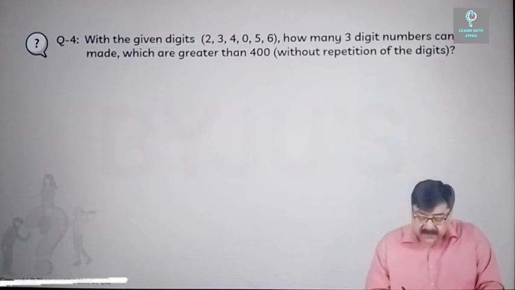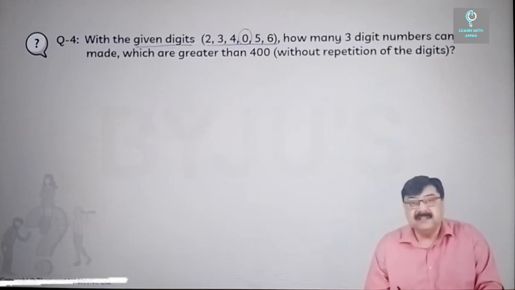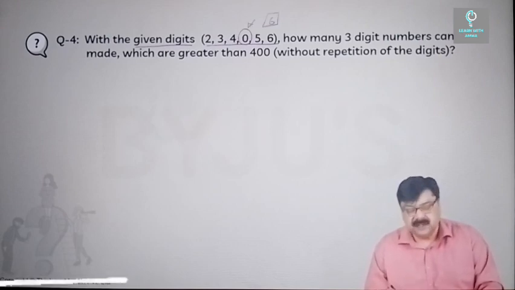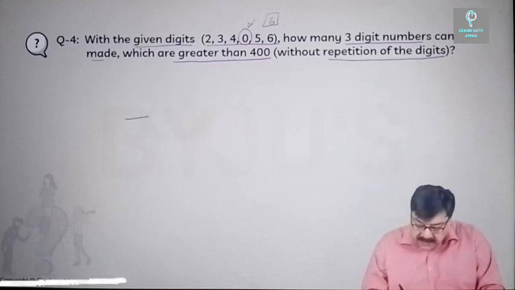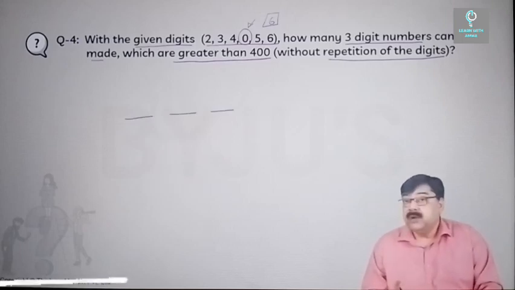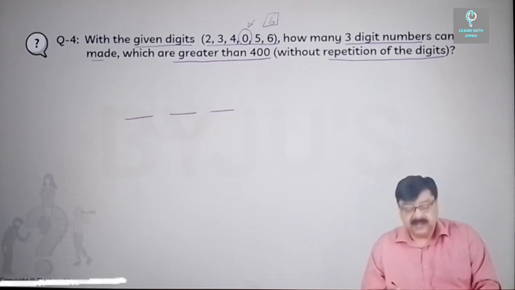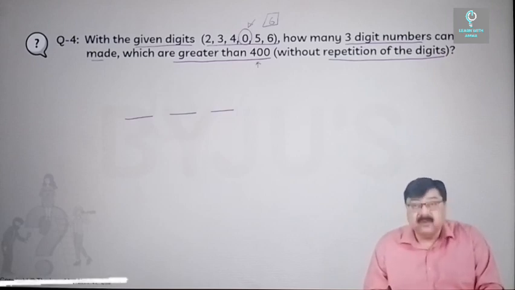Look at this question. With the given digits 2, 3, 4, 0, 5, 6, now 0 has been included here, and in total these are 6 digits. How many 3-digit numbers can be made which are greater than 400 without repetition of the digits? So again, you need 3-digit numbers, but you are not supposed to repeat any of the digits, and the number has to be greater than 400.